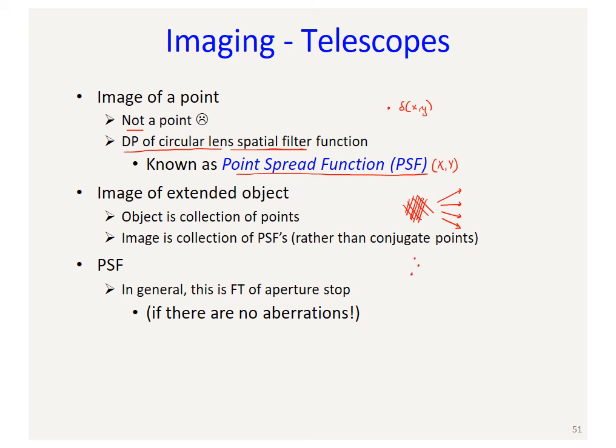Each of these points would emit spherical waves. The role of the lens was to make these spherical waves converge to image points again.